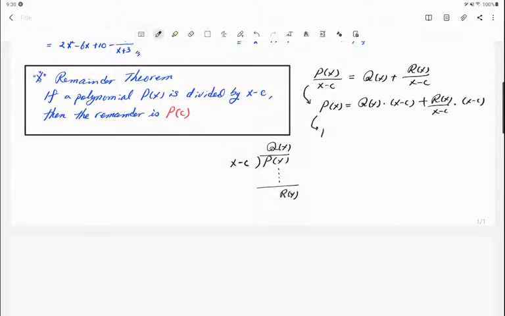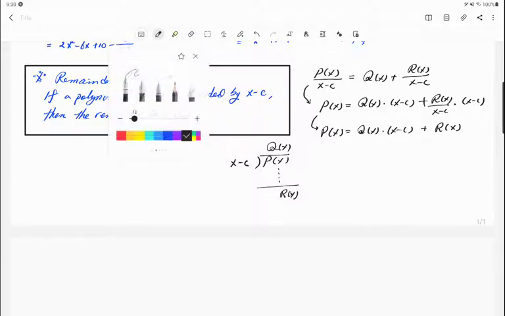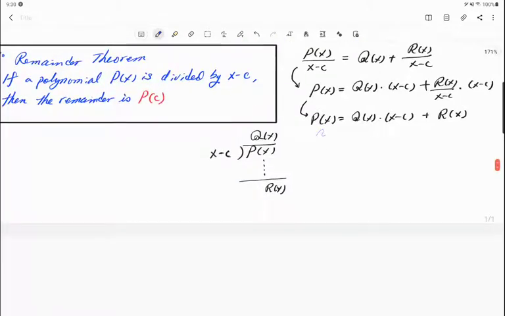So if we rewrite it, p of x equals q of x times x minus c, plus the remainder only, right? So from here, when we divide by x minus c, if we plug in c for x, then what happens?